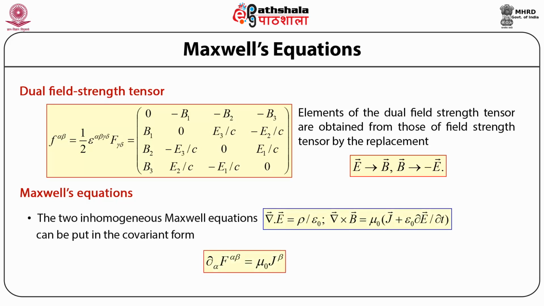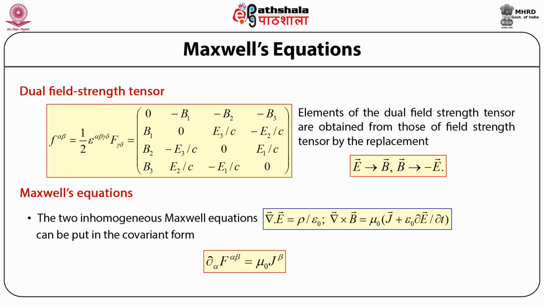So the two inhomogeneous Maxwell's equations, that is the third and the fourth equation, are: the divergence of the electric field is equal to rho upon epsilon naught, which is Gauss's law, and the curl of the magnetic field induction vector is equal to mu naught times bracket open current density vector J plus epsilon naught times the partial time derivative of the electric field bracket close.